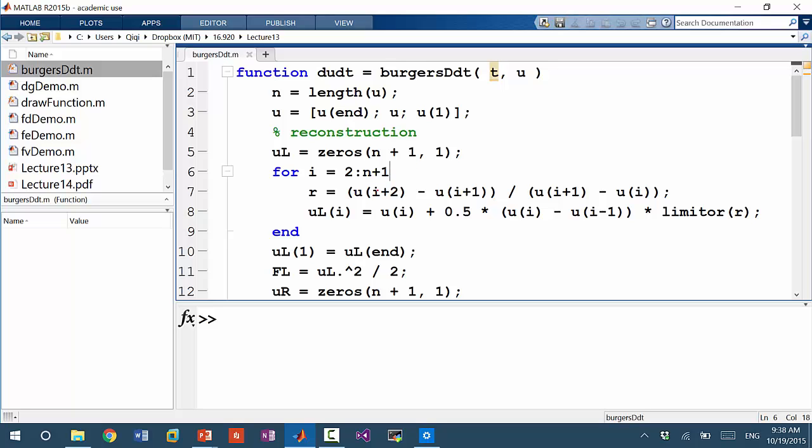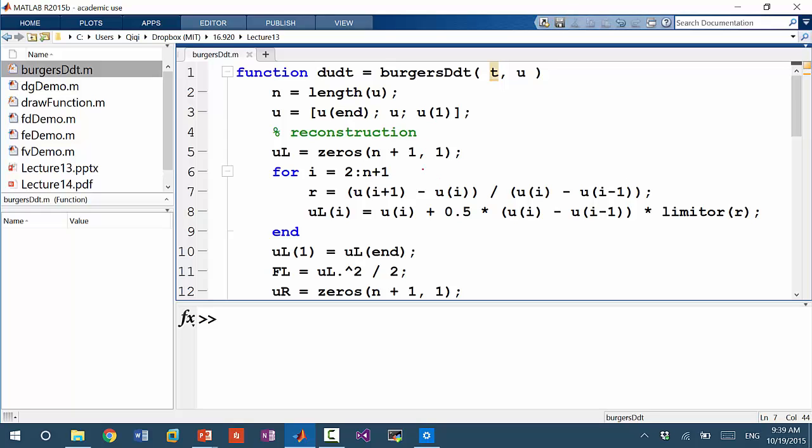The ratio shouldn't be constructed as u_{i+2} minus u_{i+1} divided by u_{i+1} minus u_i. It should be u_{i+1} minus u_i divided by u_i minus u_{i-1}, right? This is the correct ratio for me to extrapolate from i to i plus half.